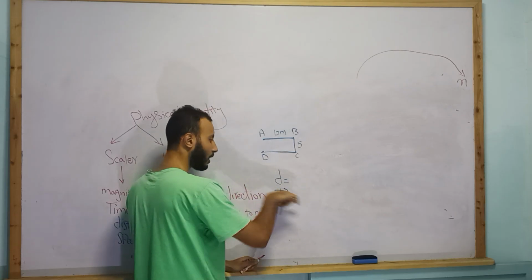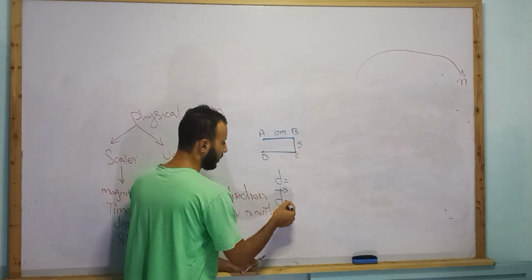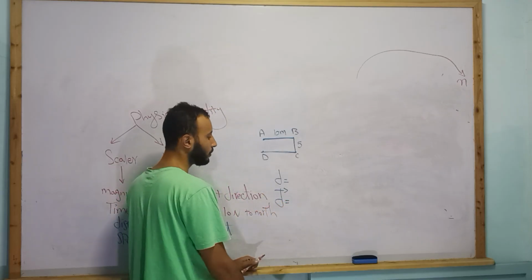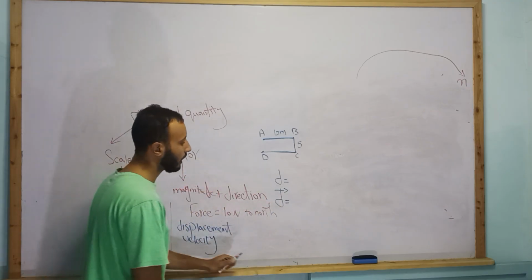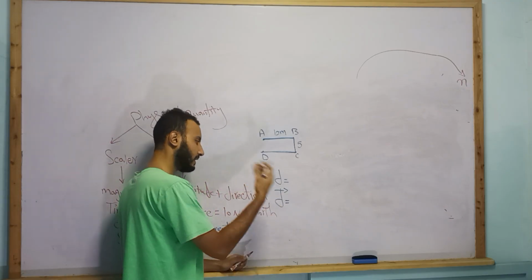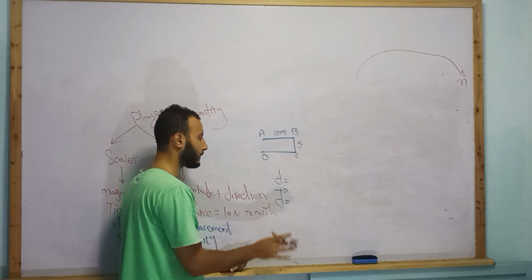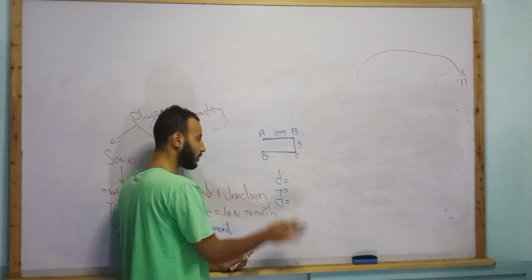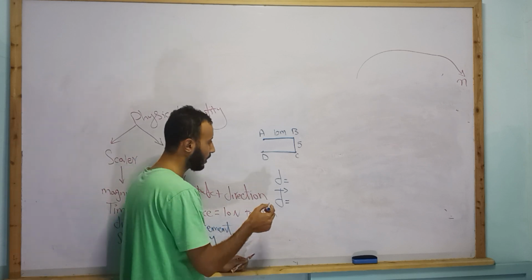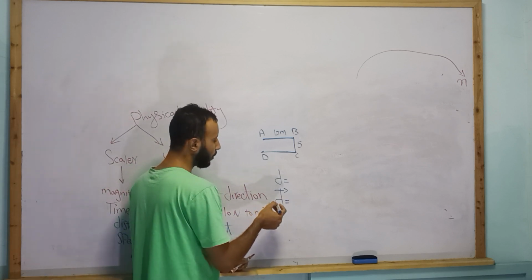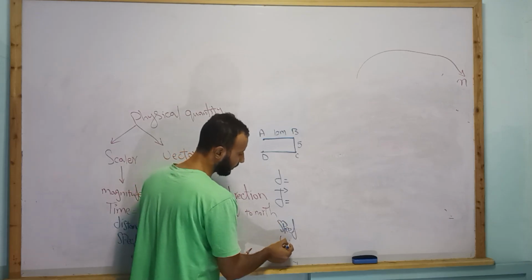I always put this arrow at the top of the displacement to represent that this one is a vector. So when you find the D with this arrow at the top, it means displacement. But if you didn't find this arrow, it's the regular distance. And also I need the speed and the velocity.